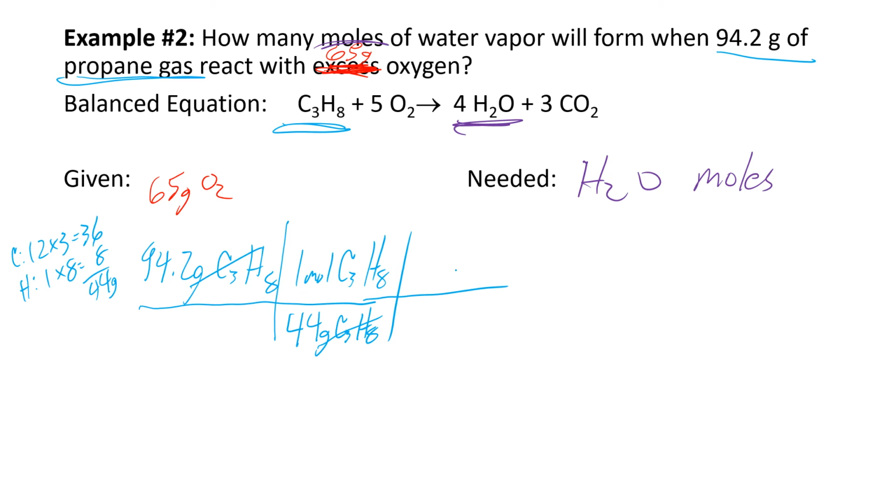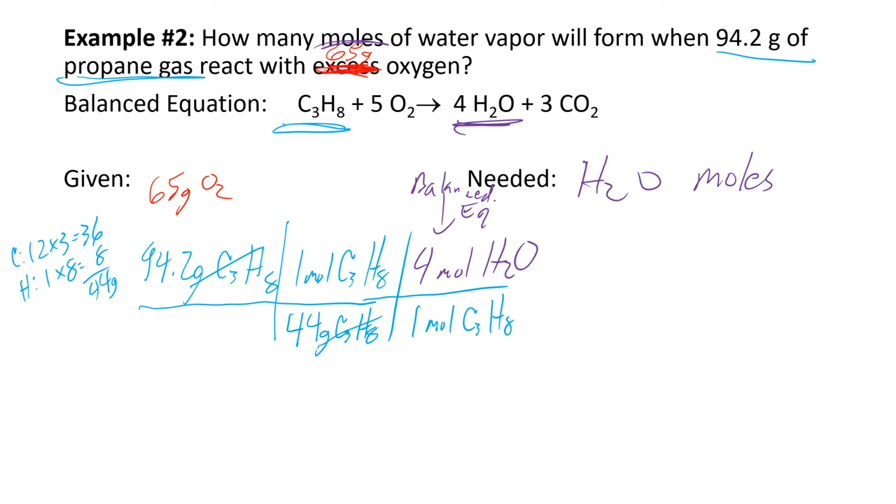All right, so then we're going to switch from the blue to the purple. So we know that there is 1 mole of C3H8 in the balanced equation, and that is good for, gotta go purple, that is good for 4 moles of water. So this came from the balanced equation.